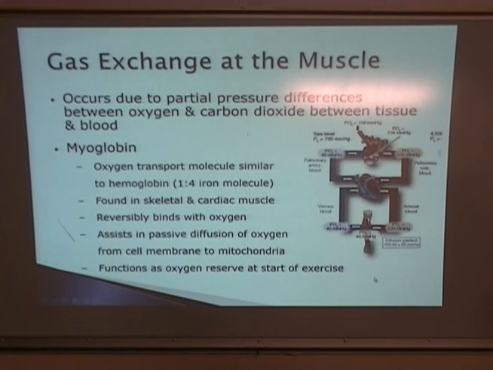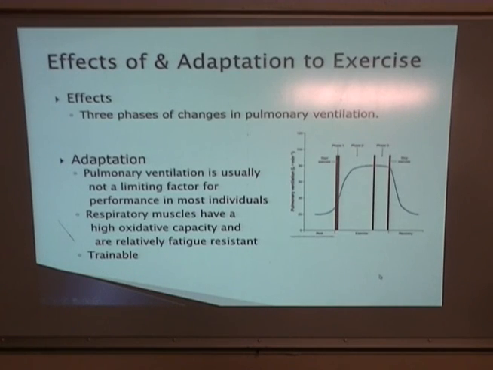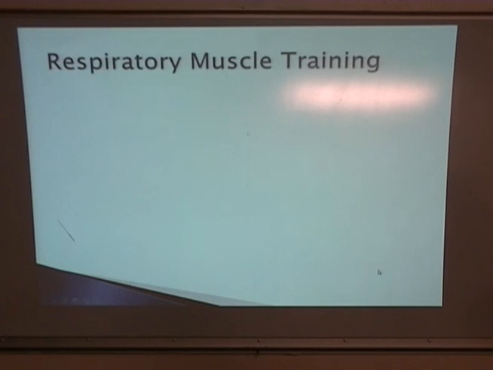And then we will look at some adaptations, and then this new bit, this respiratory muscle training, because I think that might be quite interesting for some of you who are aerobic athletes in particular. I assume aerobic athletes. I haven't read it yet.